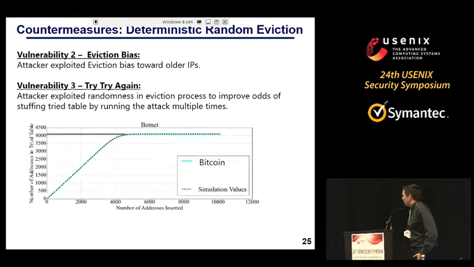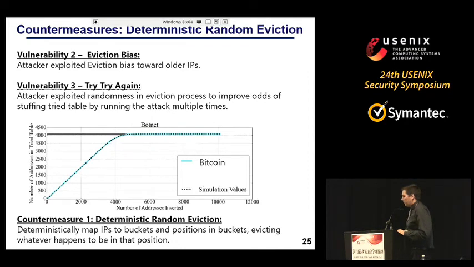What this looks like, we graph this, and so the y-axis is the number of IPs that the attacker gets in the tried table, how full the attacker gets the tried table. This line here is the tried table being completely full. You can see it's actually fairly linear. For about 4,000 IP addresses, you get nearly 4,000 IP addresses in the tried table.